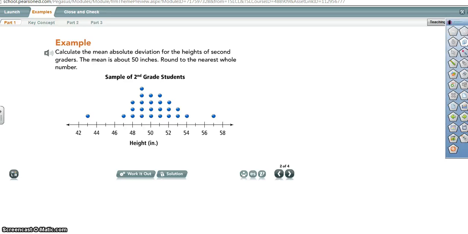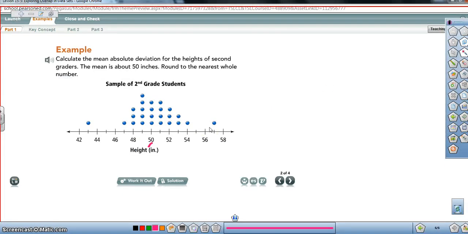It tells us that the mean is 50. So I'm going to go ahead and mark that. It helps me to be more visual about what's going on. And it says to round our answer to the nearest whole number. Okay, so first off, if we go back to our steps, we have to know what the mean is. And we already know the mean.